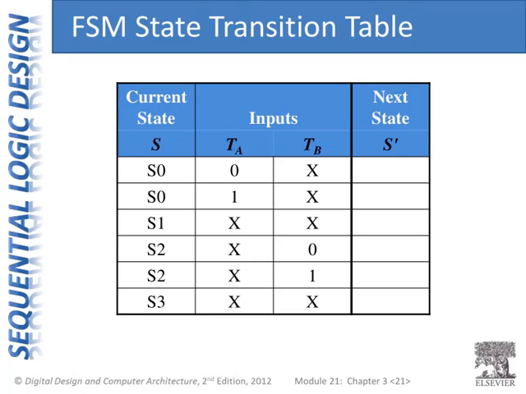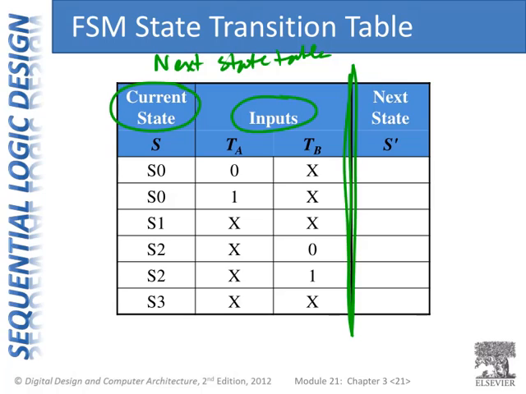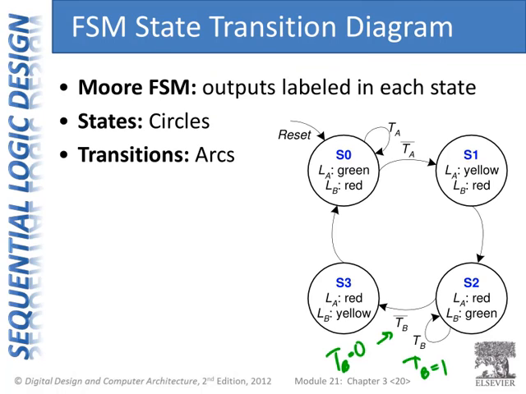Okay, so now we can write our state transition table, also called the next state table. We have our current state and our inputs on the left, and our next state on the right. So if we're in state S0, we look at our state transition diagram.